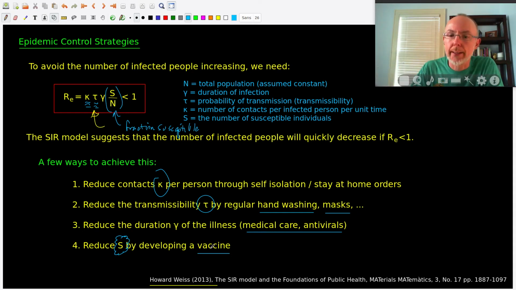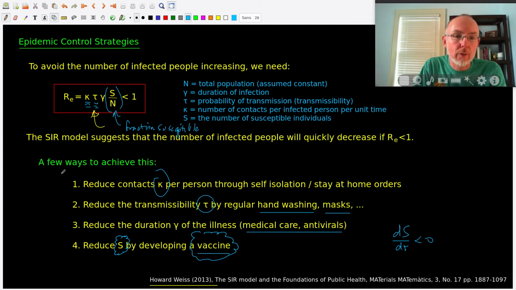Our model predicts, remember, that quantity is decreasing for all time. But that's happening because people are getting sick. Right? And I didn't mean R, I meant S. We don't want that. We want to develop a vaccine which reduces the number of susceptible people without actually causing illnesses and without leading to deaths.